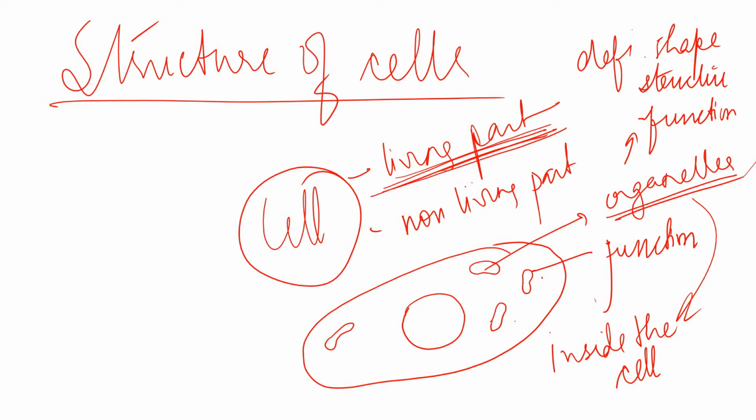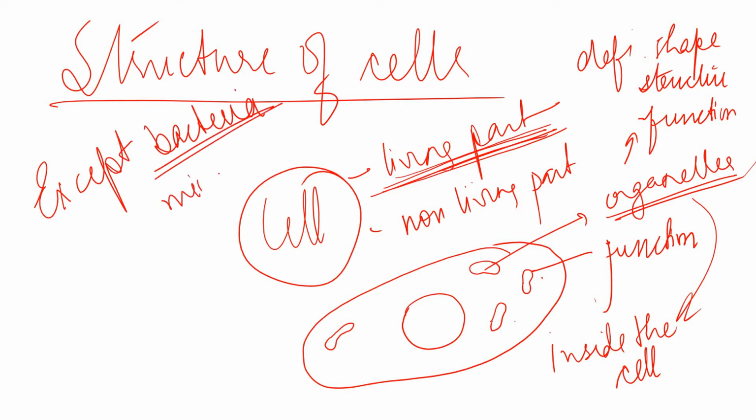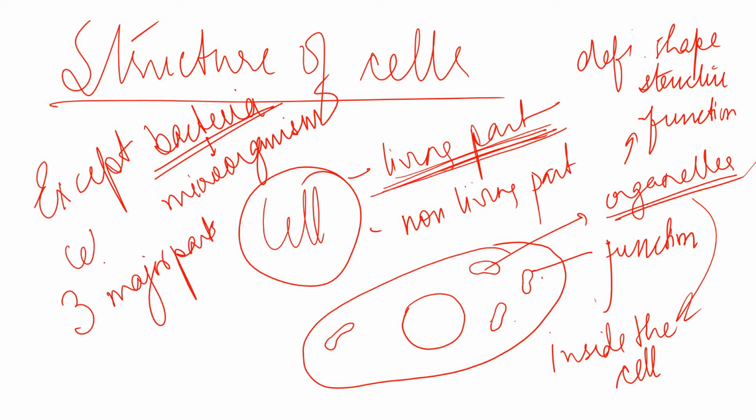Next, what is written? Typically all cells have three major parts except bacteria. Bacteria is a microorganism. So what is written in the book? That except bacteria, all cells have three major parts, and what are they?